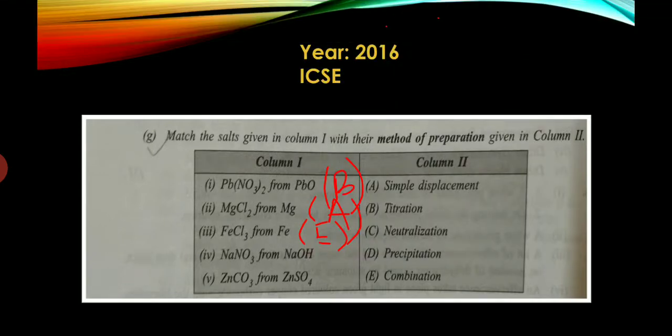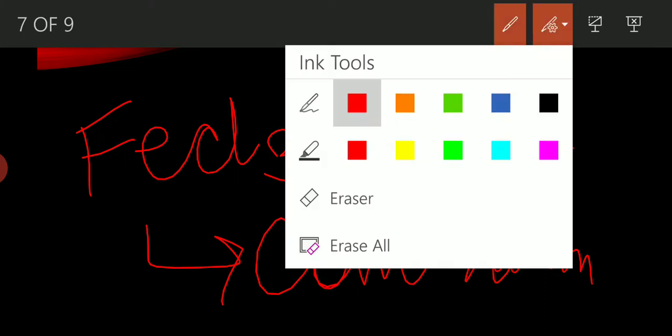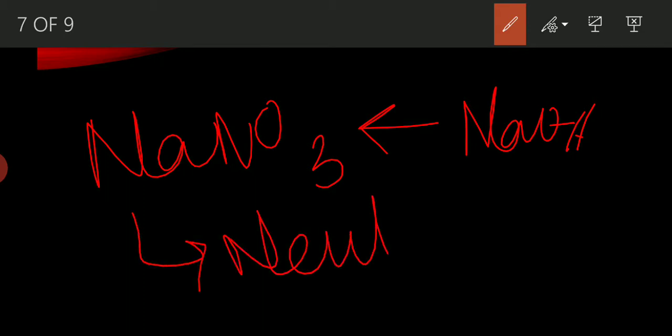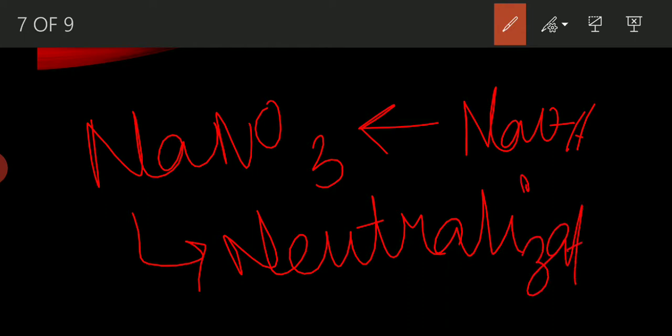Next is sodium nitrate from NaOH. This will be with the help of a neutralization reaction. Clear? Because NaOH is a base.